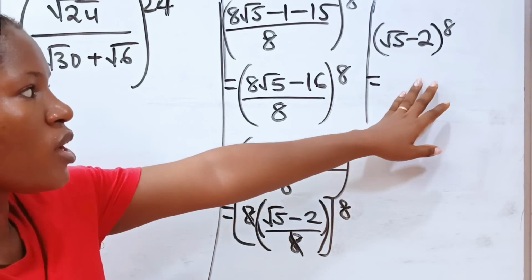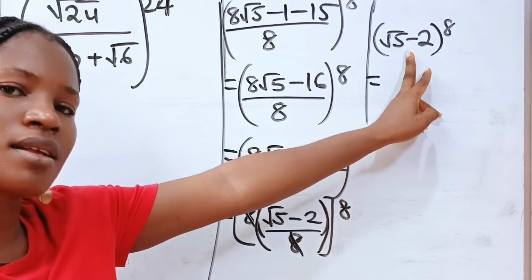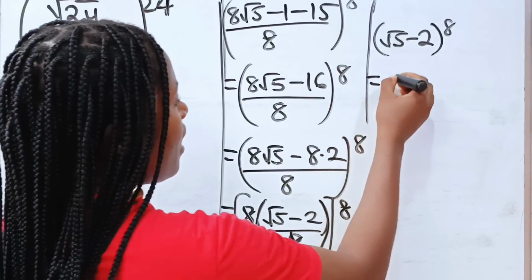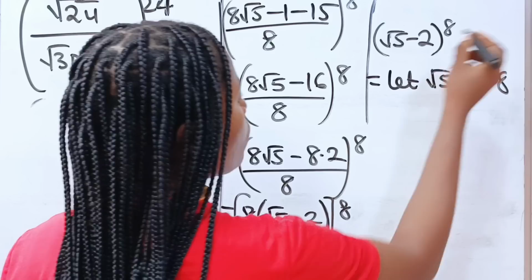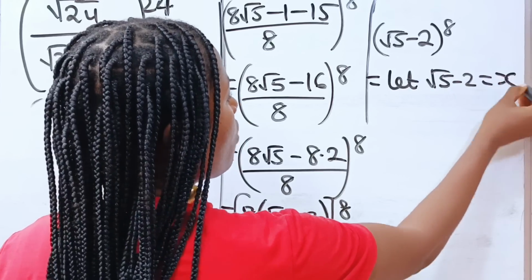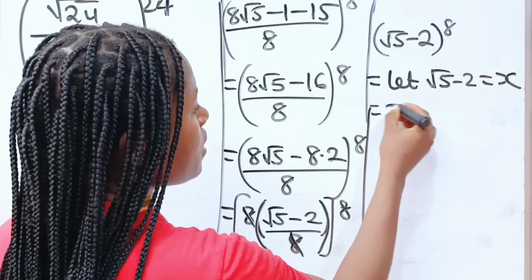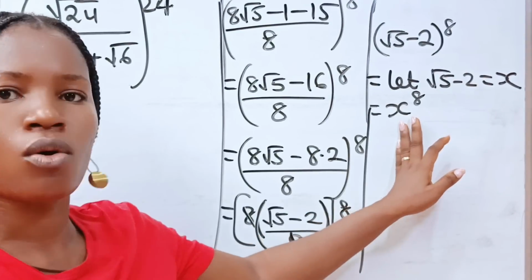Yes, so the first thing we need to do is to simplify this further. So we can say, let what we have inside this bracket be x. Do you understand? So we can say, let root 5 minus 2 be equal to x. All right, so if we say that, that means we are going to replace this with what? X to the power of 8. Now I'm going to analyze this, okay?